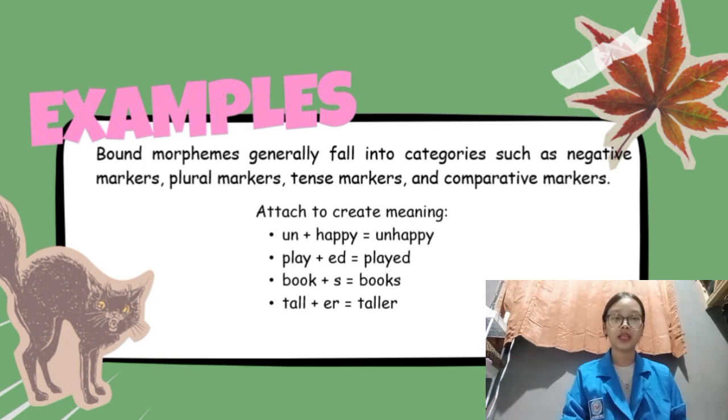This morpheme cannot stand alone. They need to attach to another word to create meaning. For example, un plus happy becomes unhappy, meaning not happy. Play plus ed makes played, which shows past tense.